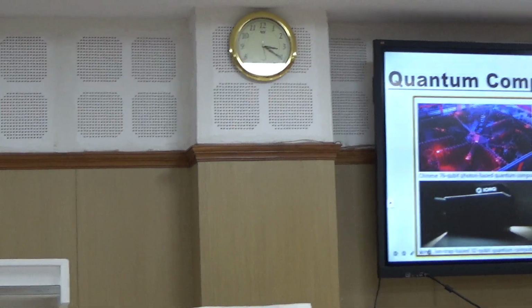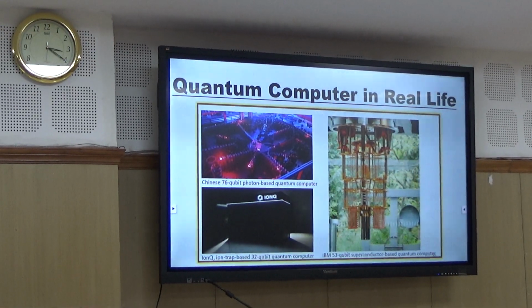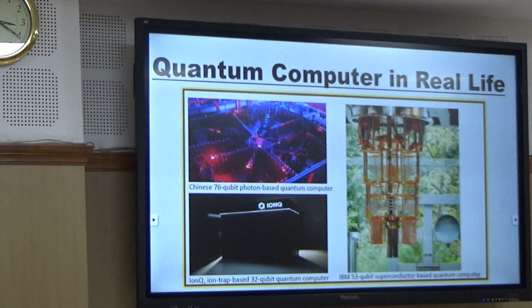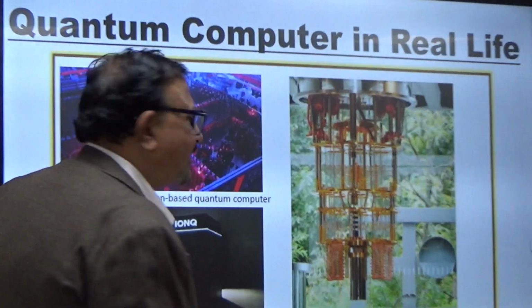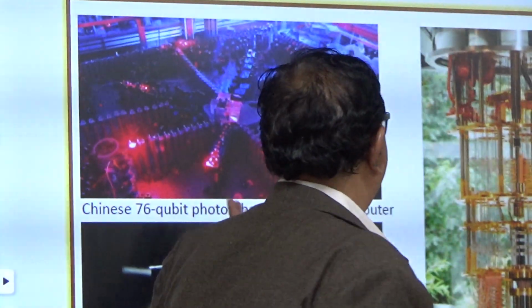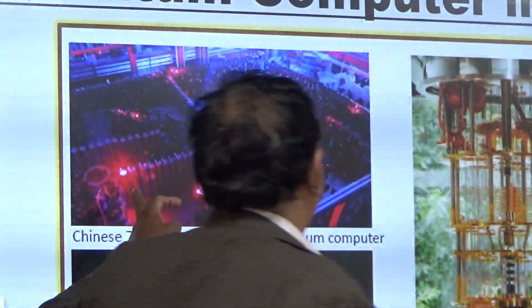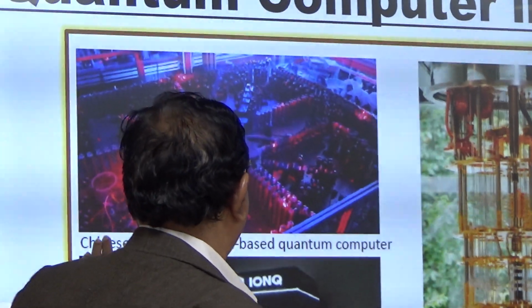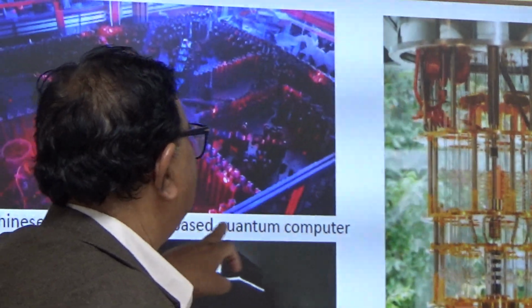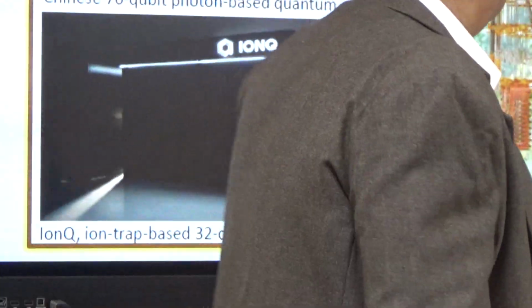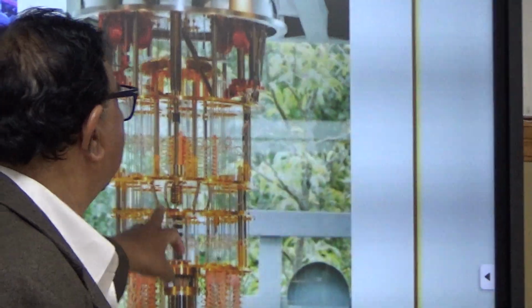So this is a real-time quantum computer. You can see the photographs, and you will find light because it's an optical system. You see how optical systems are being arranged. This is one of the latest Chinese 76-qubit photon-based quantum computers, and this is the IBM 53-qubit.